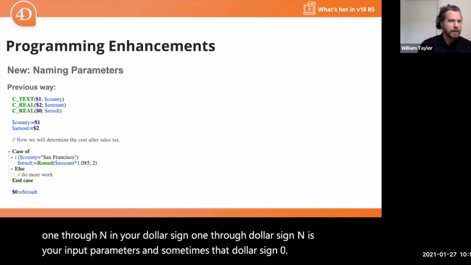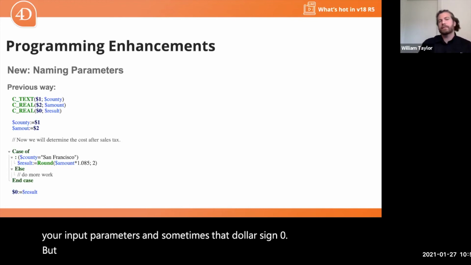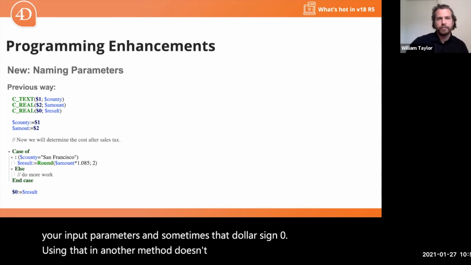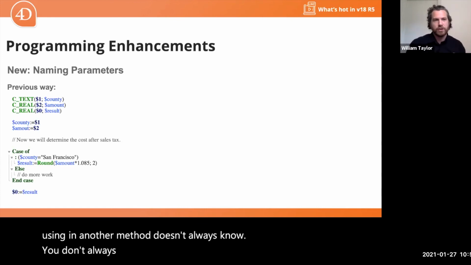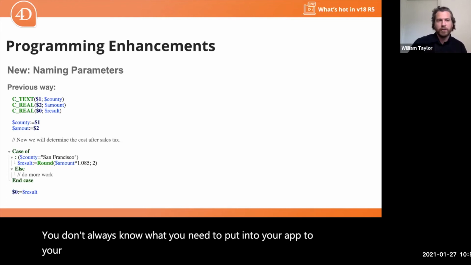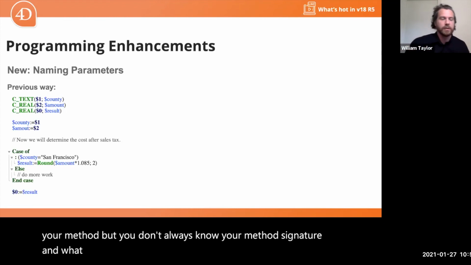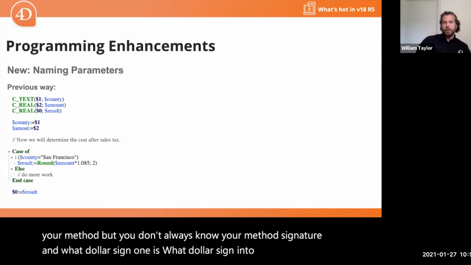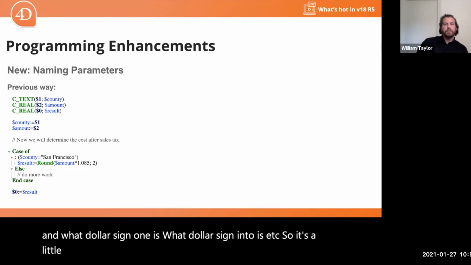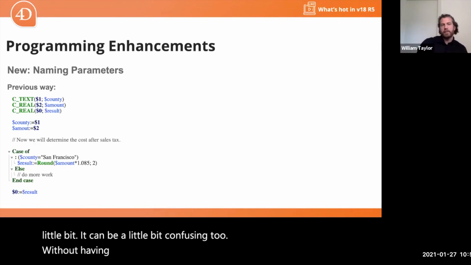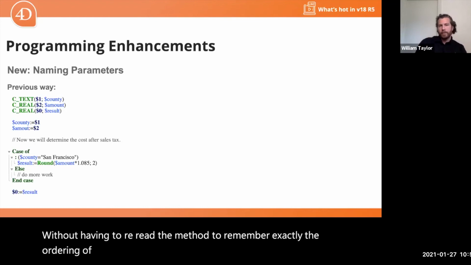But using that in another method, you don't always know your method signature and what $1 is, what $2 is, etc. It can be a little bit confusing without having to reread the method to remember exactly the ordering of the parameters of the signature.